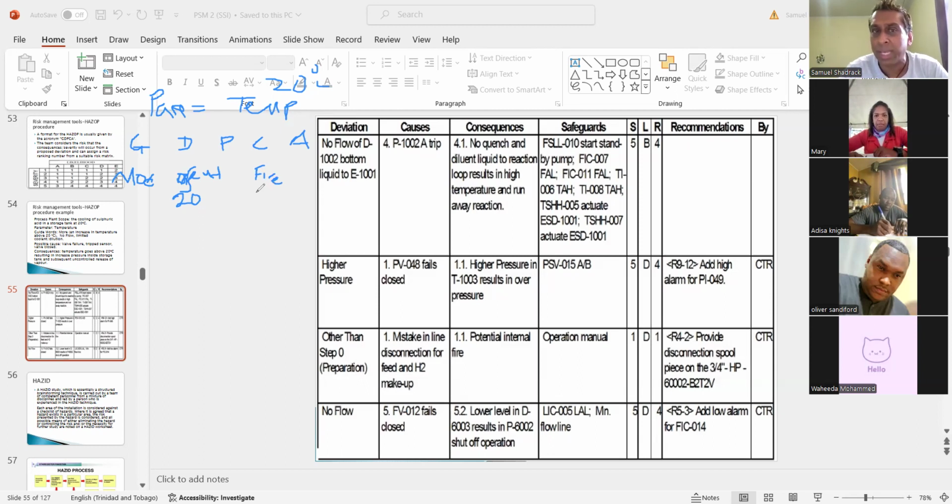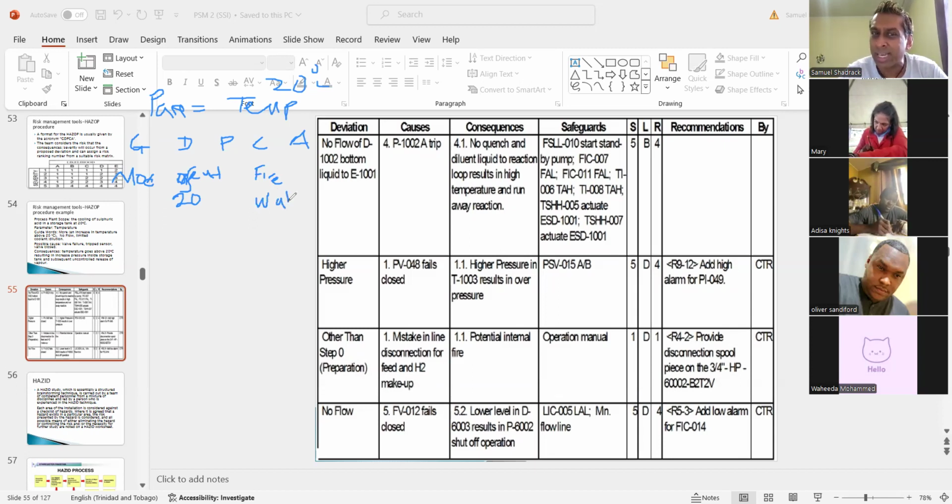And of course, if this is a product, if this was some sort of soft drink, some sort of chemical for sale, and the design temperature of that oil was 20, but it goes more than that, then you'll have product wastage. You're going to waste that product, because if it is a drink, nobody would want to purchase it.